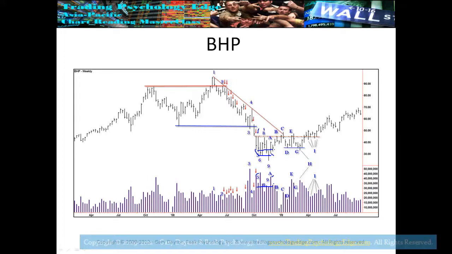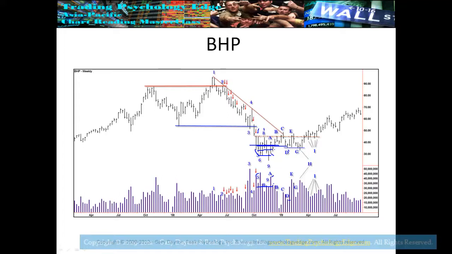It's going to be hard to push through that, and so it comes back down. But there's not a lot of supply down here at D. We've got narrow spread, lighter volume, and we're still back in this area.